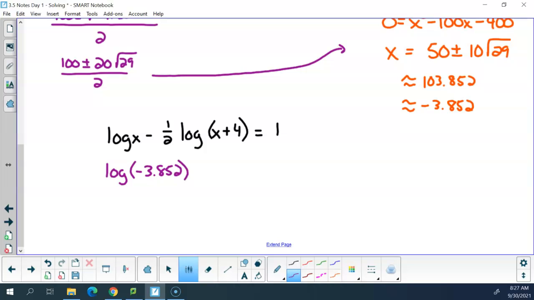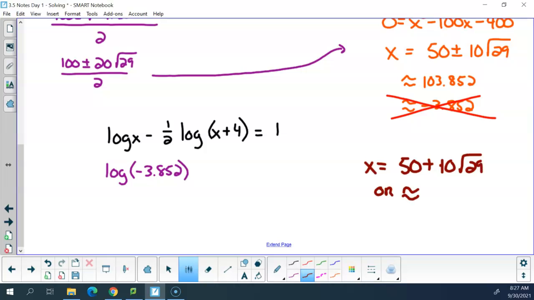So this one right here gets thrown out. It's extraneous because we have to have positive arguments all the way through. So the only answer here would be x equals 50 plus 10 square roots of 29, or approximately 103.85.